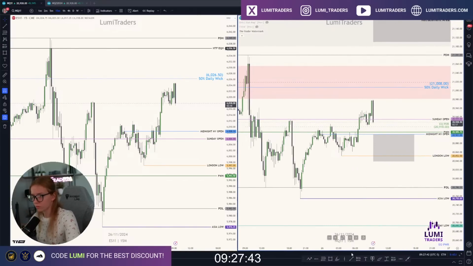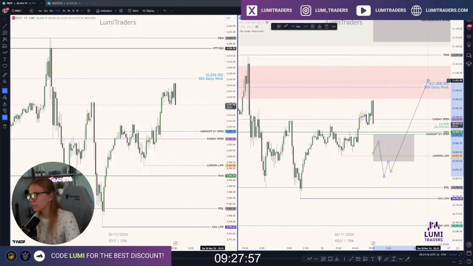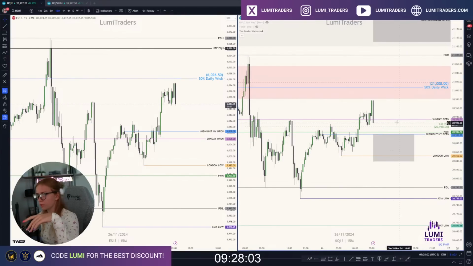So I'm not sure about a setup for long yet, but where's my... Maybe move like this, then like this. Once again, we'll be interested in longs somewhere inside this range. Otherwise, it may just continue going lower to Asia low. And we will see.